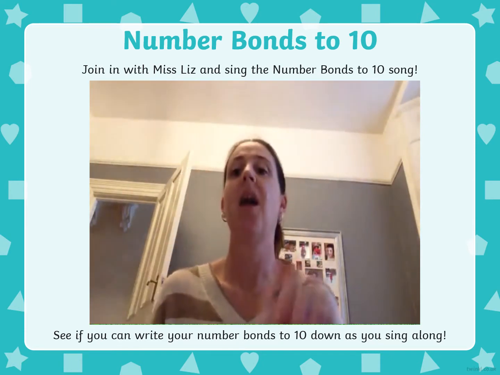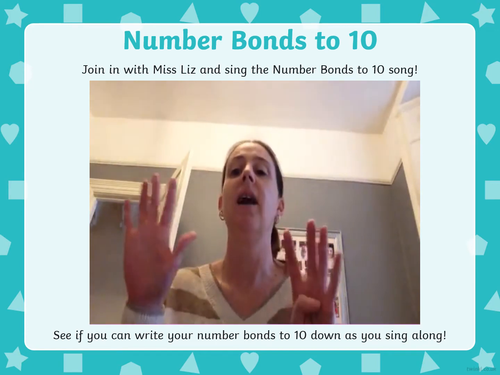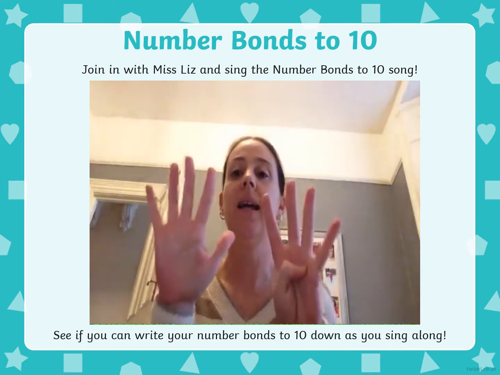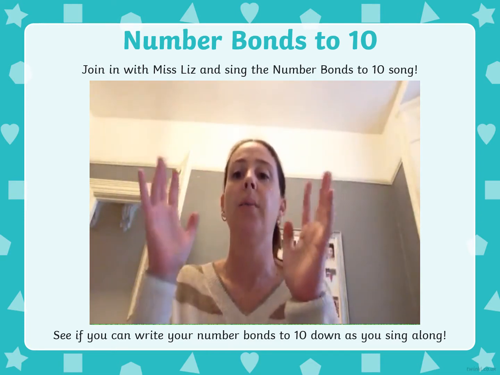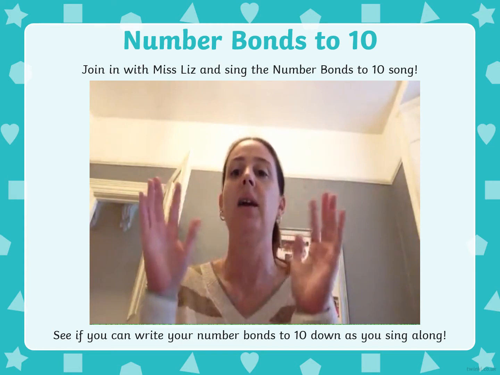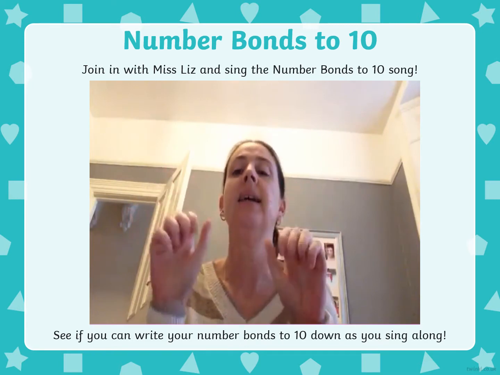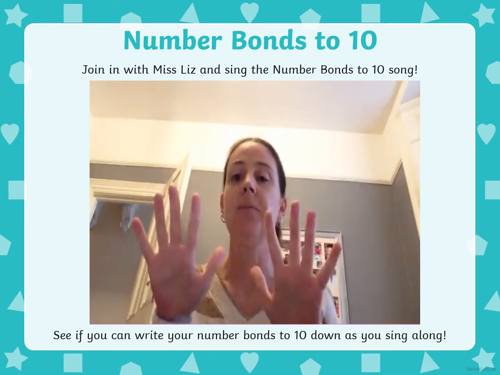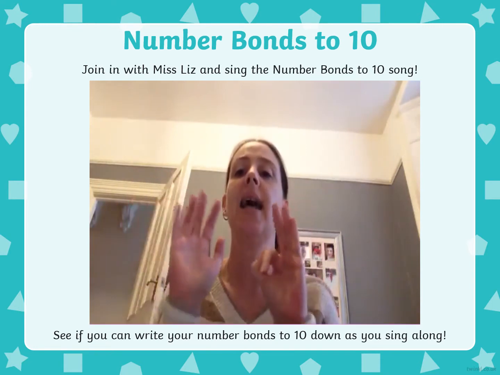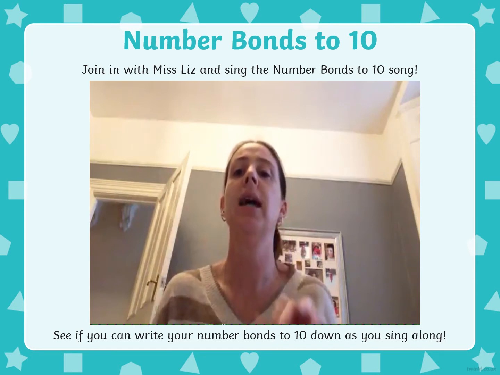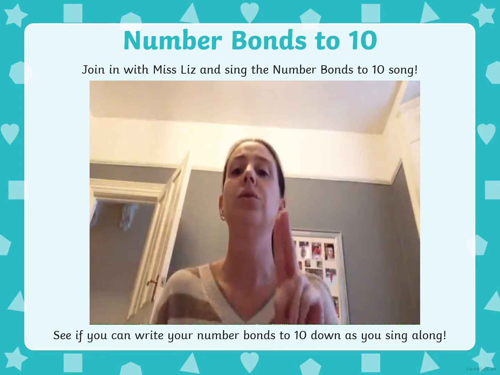Here goes. 1 and 9, 1 and 9, 9 and 1, 9 and 1. Bring them all together, that makes 10. 2 and 8, 2 and 8, 8 and 2, 8 and 2.